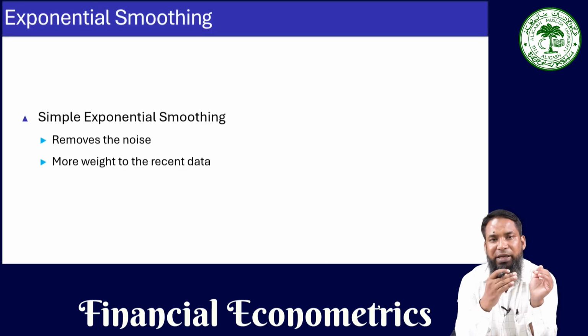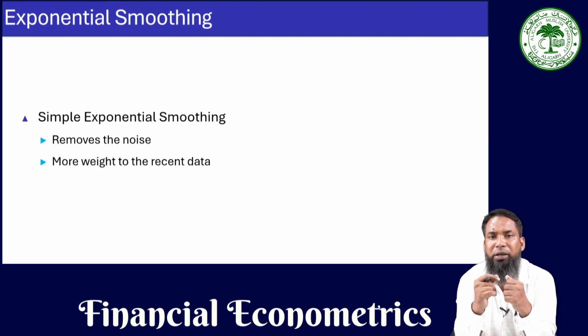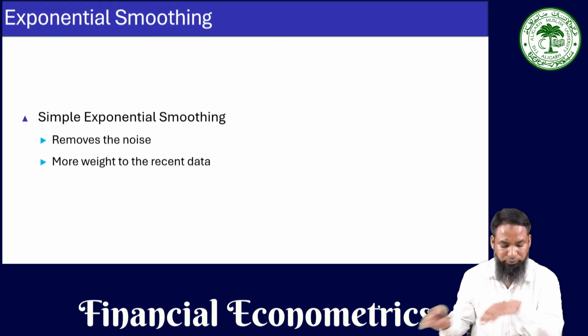So the weights are exponentially decreasing rather than an arithmetic decrease. The recent data has more information, and that should be used to smooth out the data, or to find the trend and the underlying patterns of the data.